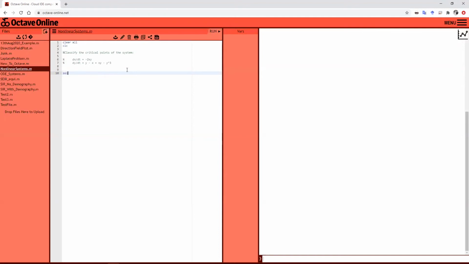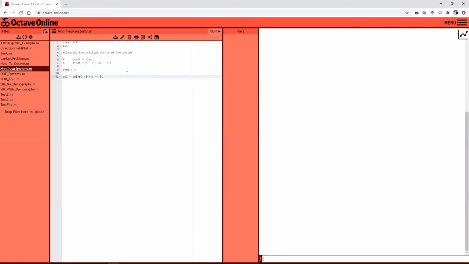Well, we're going to write sol, so for our solution, equals solve, and then here we're going to enter both of the equations we want to solve. So we want to solve negative 2 times x times y equals 0. Okay, before I do that, I should make this x and y symbolic. So at first I should do syms x y.